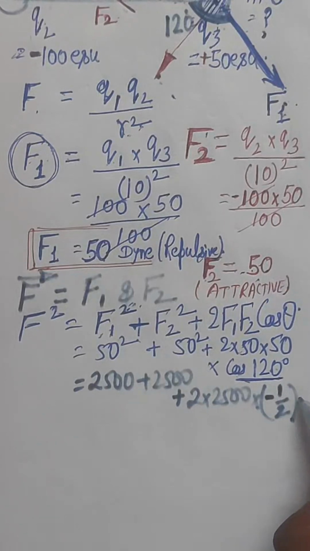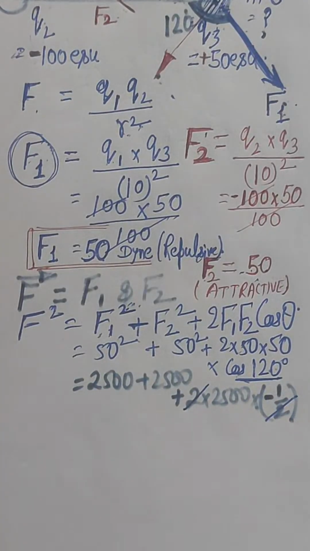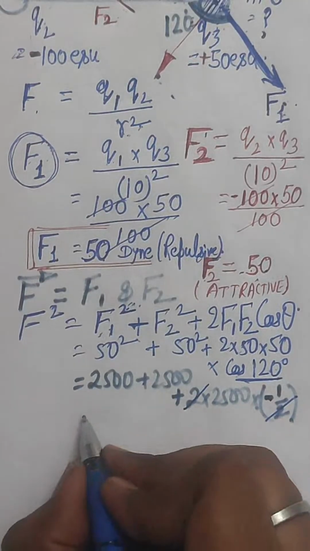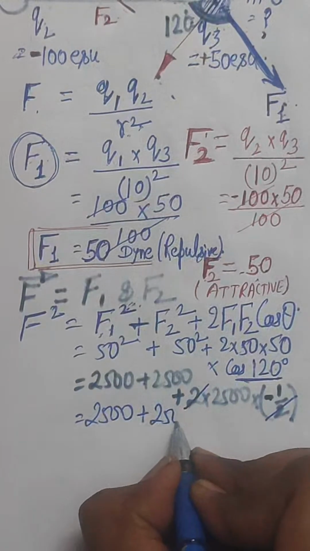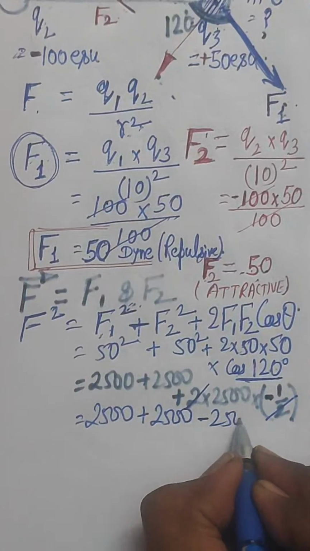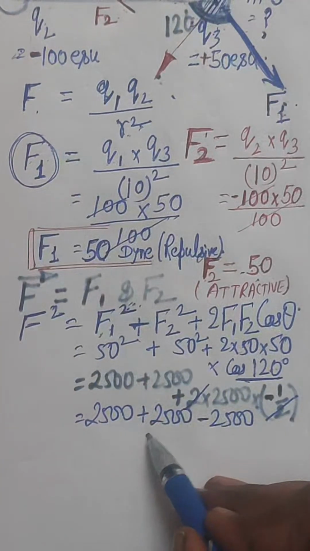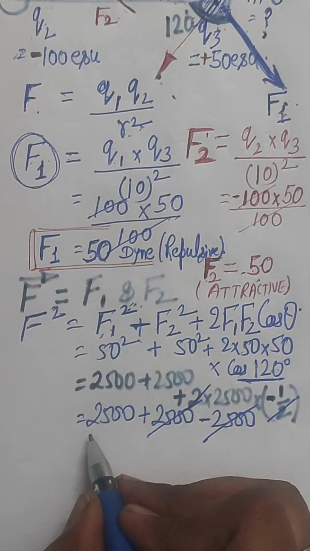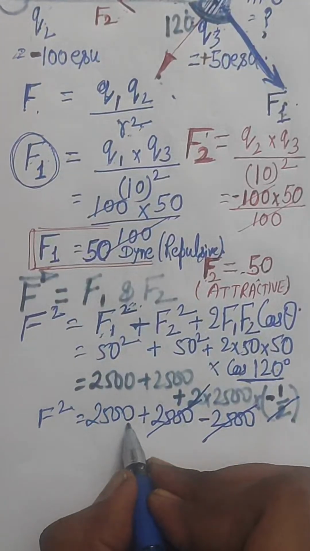So here you can see 2 and 2 will be cancelled out, and here minus 2500 and plus 2500. So we have 2500 plus 2500 minus 2500. This 2500 minus 2500 will be cancelled out, and we have the value of F square equal to 2500.